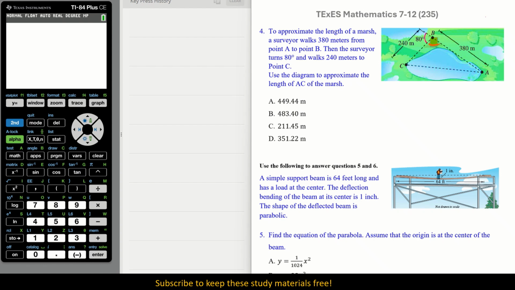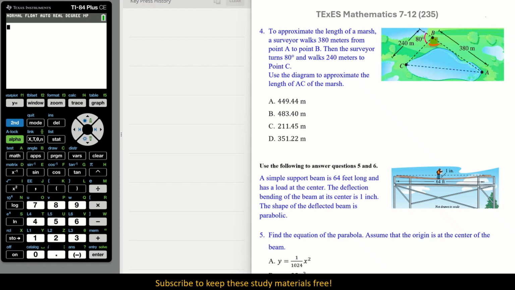Then the surveyor turns 80 degrees and walks 240 meters to point C. Use a diagram to approximate the length of A to C. Okay, that is not the Pythagorean theorem because we don't have B as a 90-degree angle. And here's another question. What is the degree of the angle? Look at your image. That's the 80 degrees is what he turned.